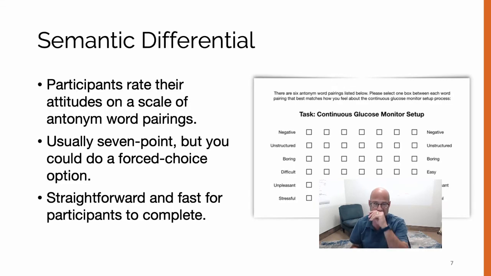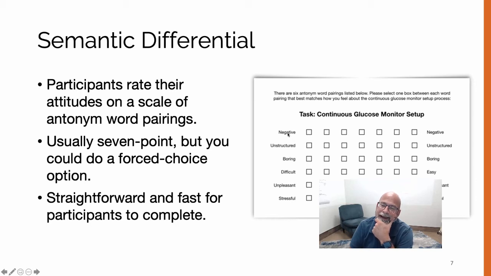Okay, here's another look at this. This is a slightly different type of scale called a semantic differential. And in this particular case, you'll notice my semantic differential is not great here.